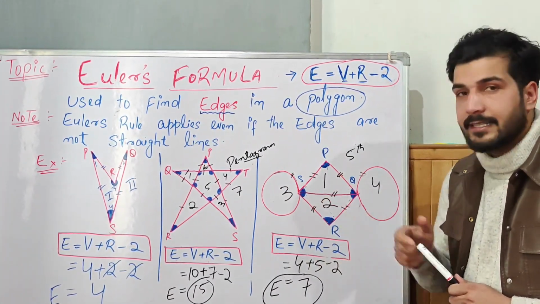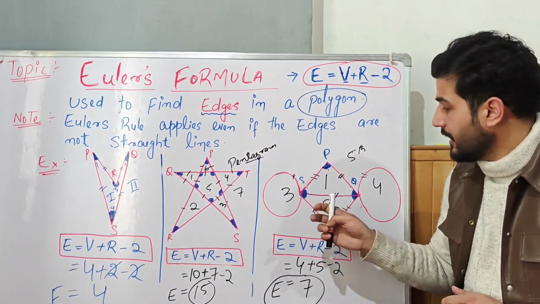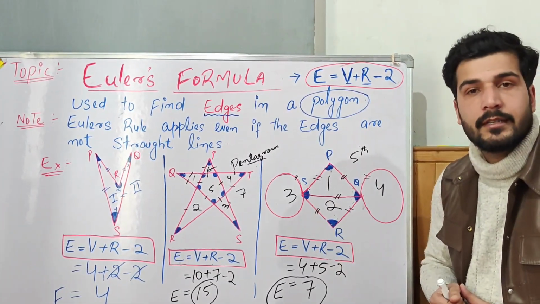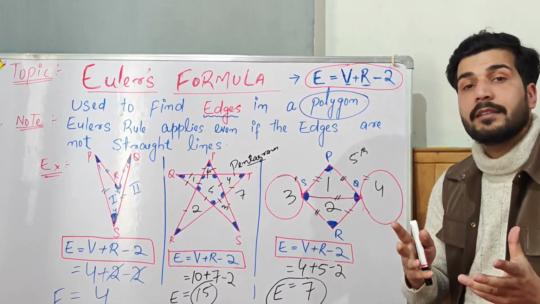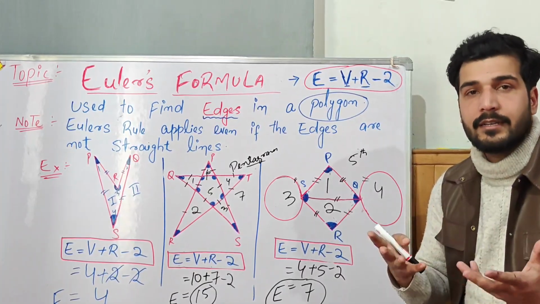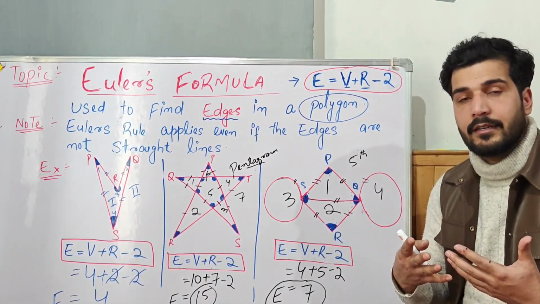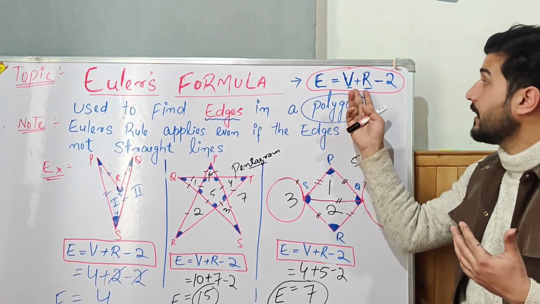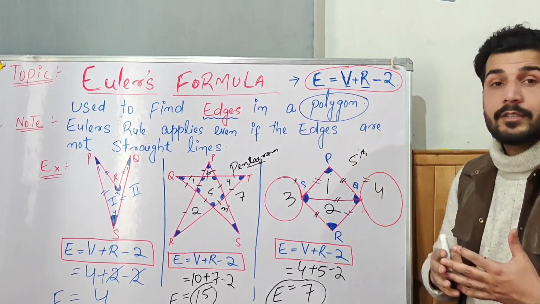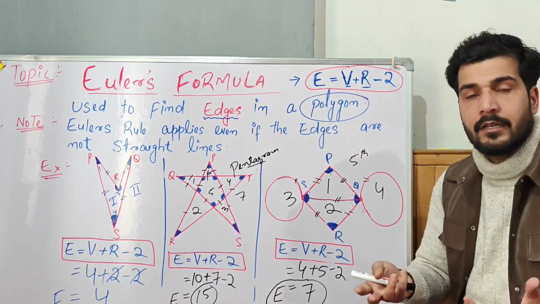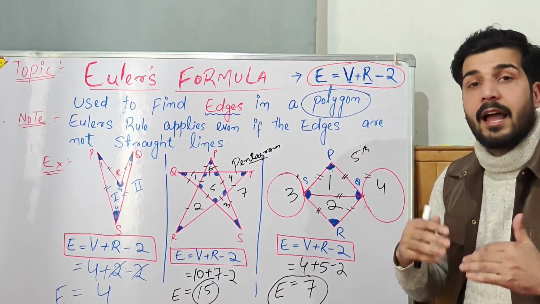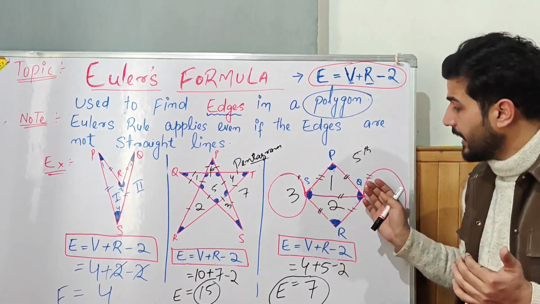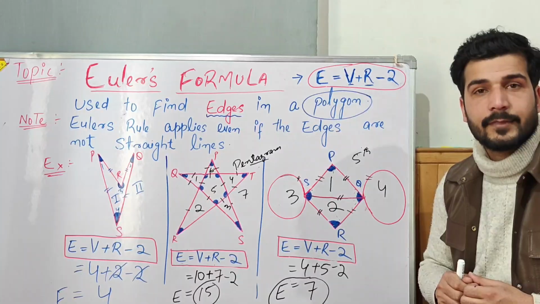So from this example, we have come to the conclusion that Euler's formula is not only applicable to figures having straight edges, but Euler's formula E equals V plus R minus 2 is also applicable to figures having curved edges. Right?